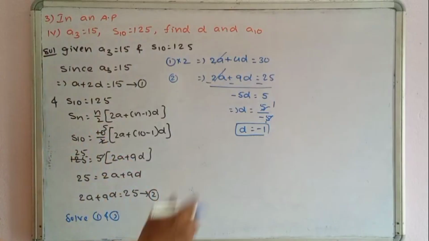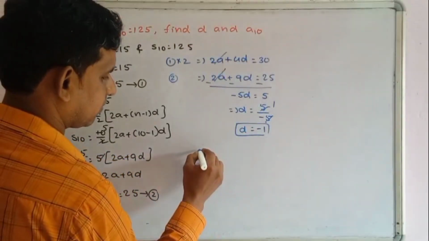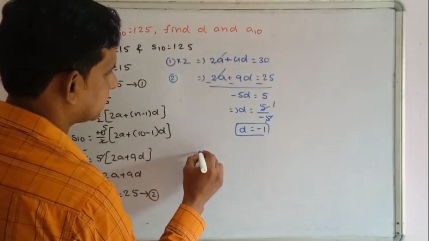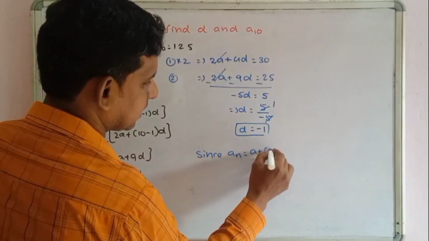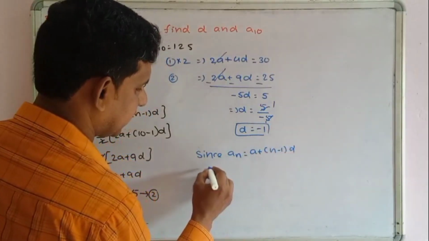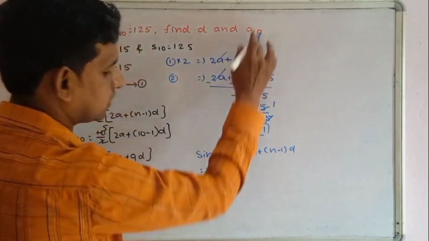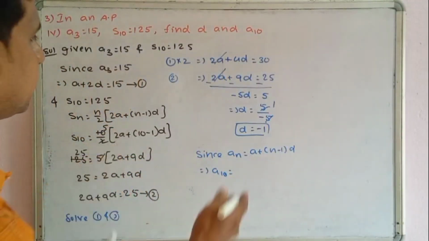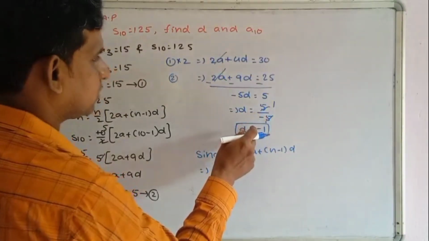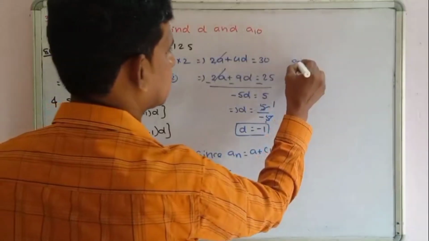Okay. Now I got the d value. Now we will find the value of a10. Since an equals to, what is the formula? an equals to a plus n minus 1 into d. Now I want a10. So a10 equals to a plus... here a value how much? We don't know the value of a. Using this one, find the value of a.